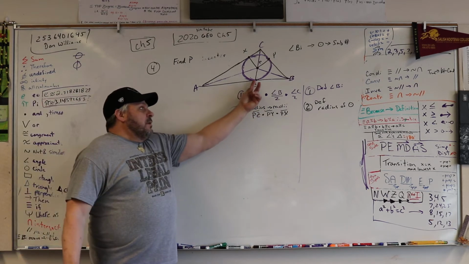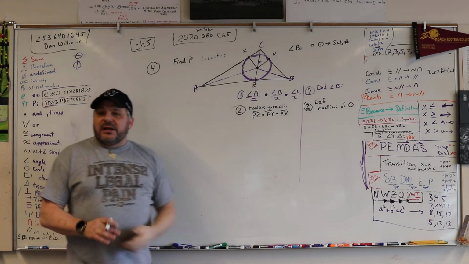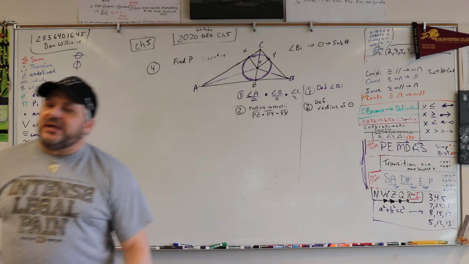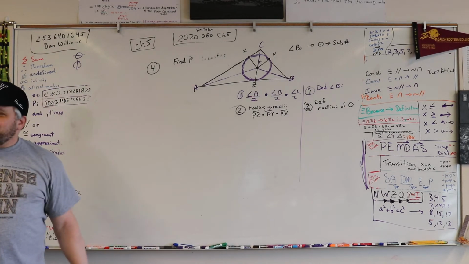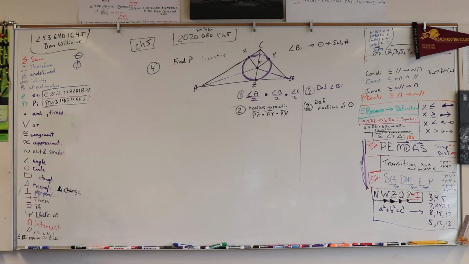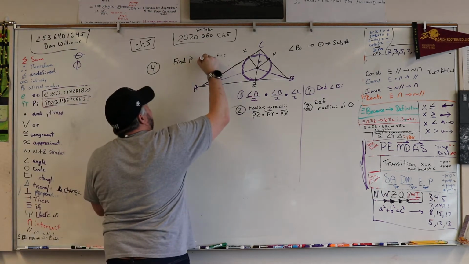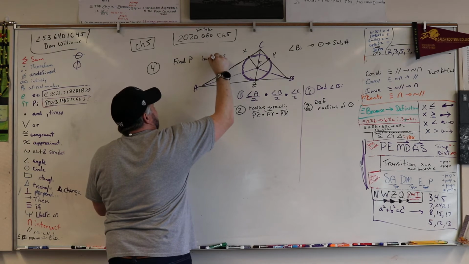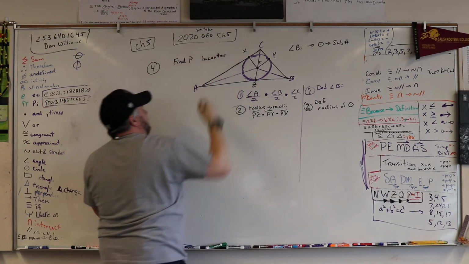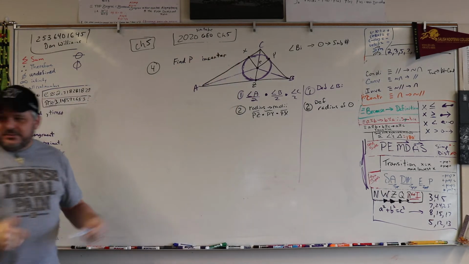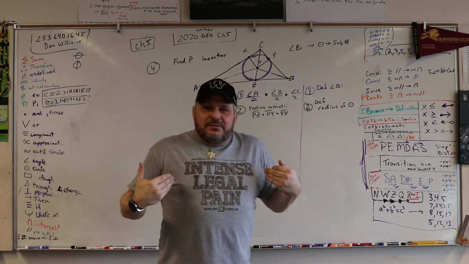So, since we hit the point, now here's the cool thing about what this incenter does. The cool thing about this incenter, I mean, if you can be a math nerd and be cool, like me, yeah.